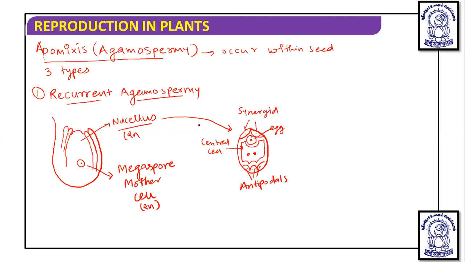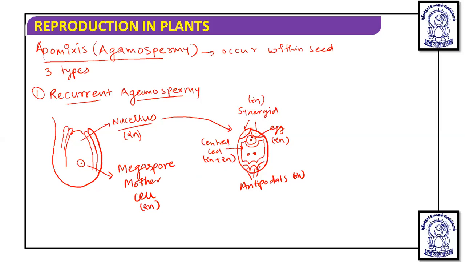So if this is a diploid cell, it undergoes mitosis and forms this structure; then diploid synergids will be produced, the egg will also be diploid, and the antipodals are also diploid. The central cell has two polar nuclei of 2n each.